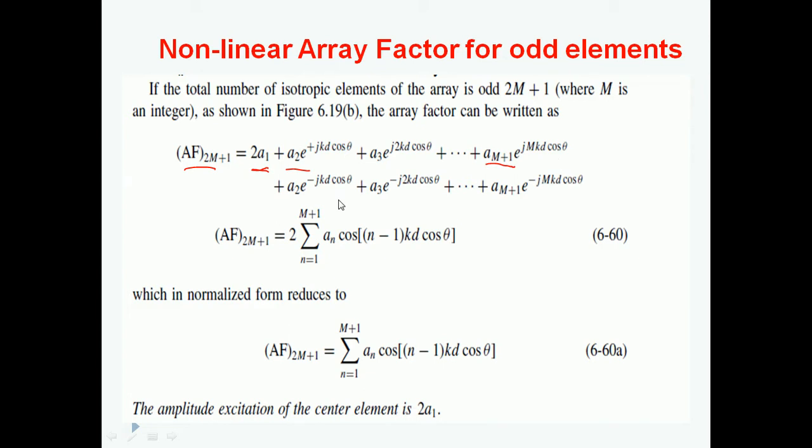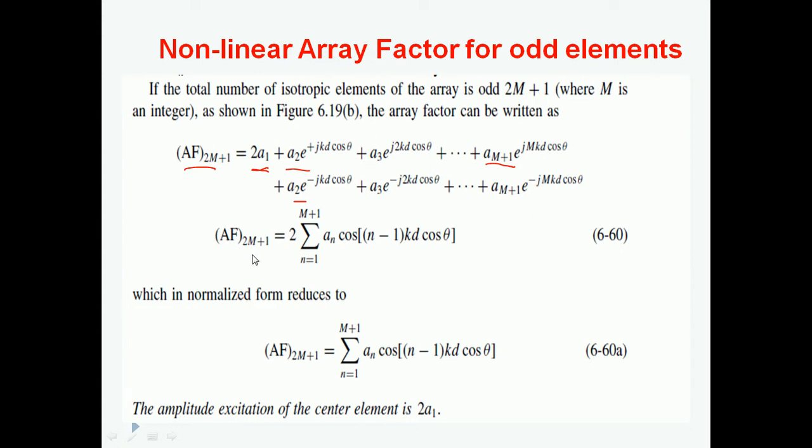On the other side we have a2 e to the power minus j kd cos theta, likewise up to am e to the power minus j kd cos theta.